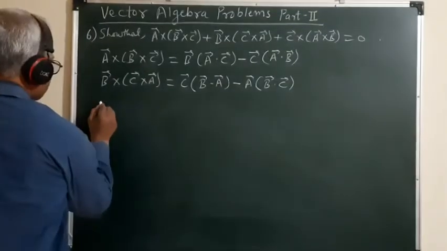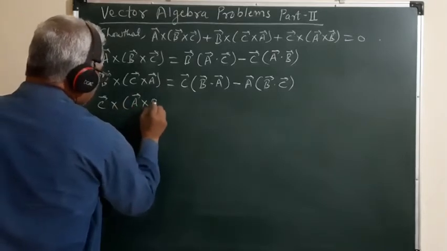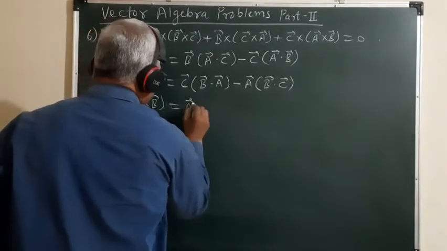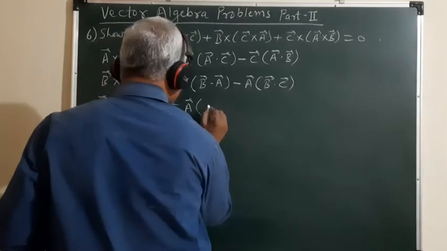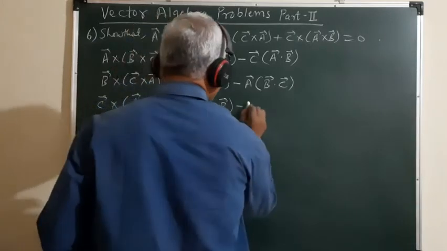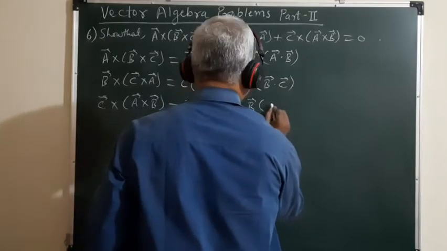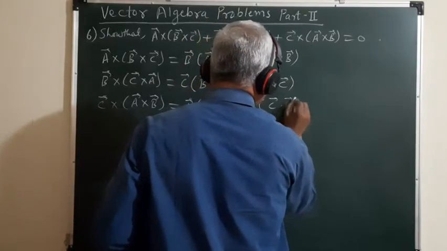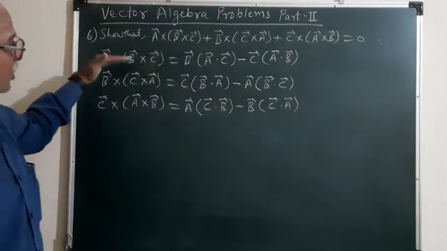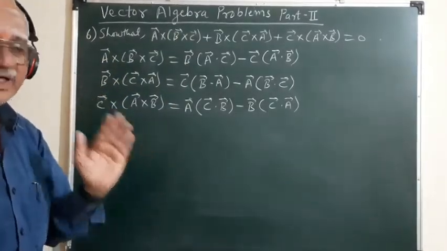Similarly, we can express c bar cross a bar cross b bar is equal to a bar into c bar dot b bar minus b bar into c bar dot a bar. So this is how we express the vector triple product of the three vectors a bar, b bar and c bar when taken in the cyclic order.